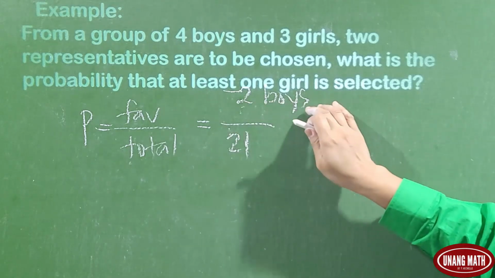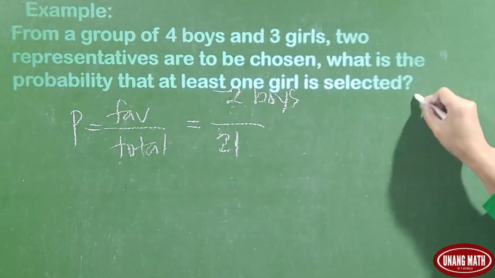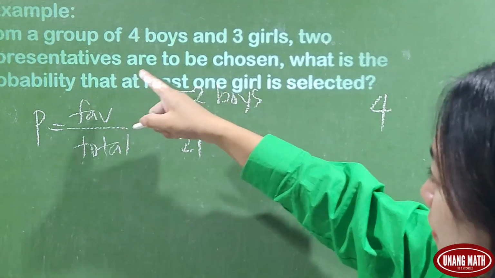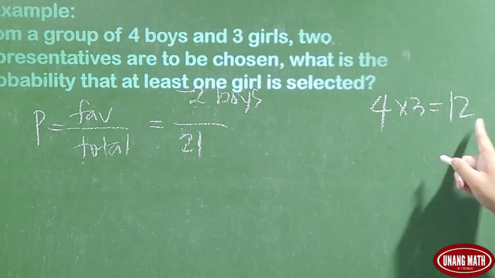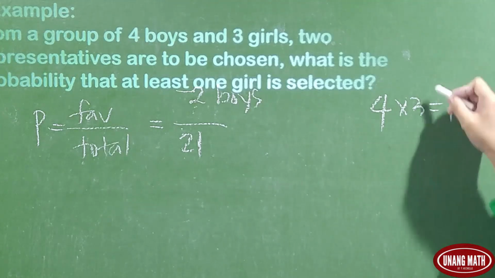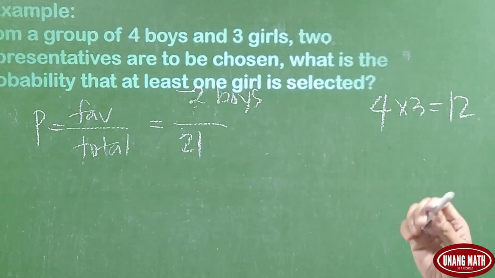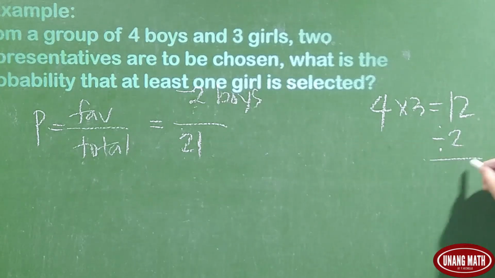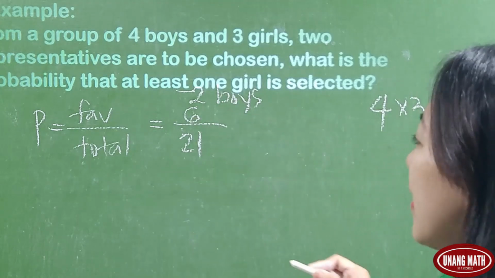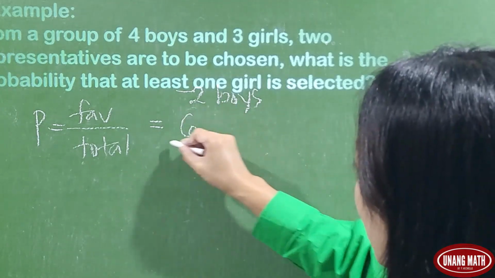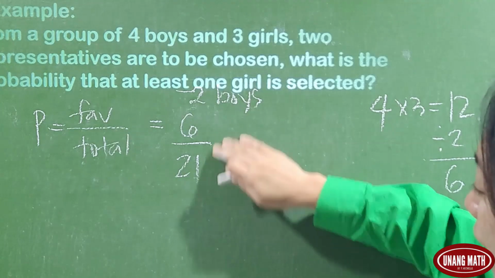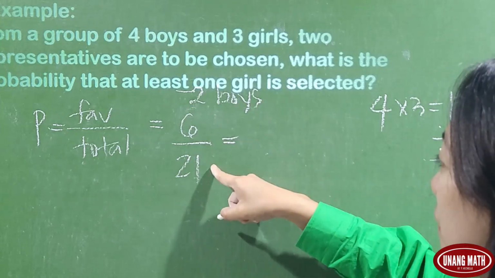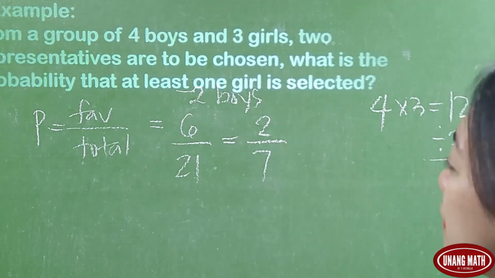If 2 boys are selected, we only have 4 boys here, and 2 representatives are to be chosen. So 4 times 3 is equal to 12. But from these 12 outcomes, there are repeated outcomes, so we have to divide by 2. So this is equal to 6. So the favorable outcome is 6, and we have 6 over 21. We can simplify this fraction by dividing by 3, so this is now 2 over 7.